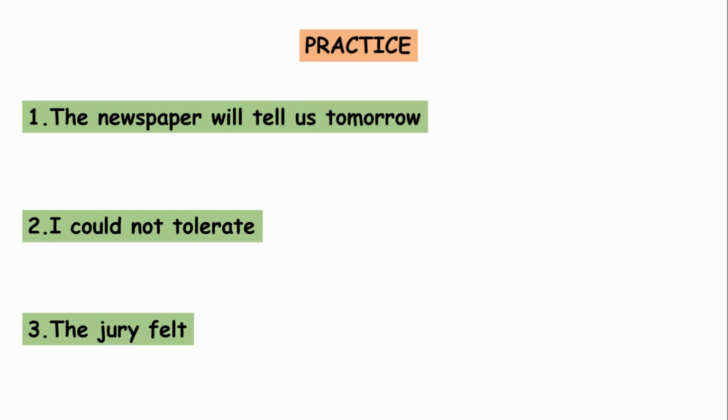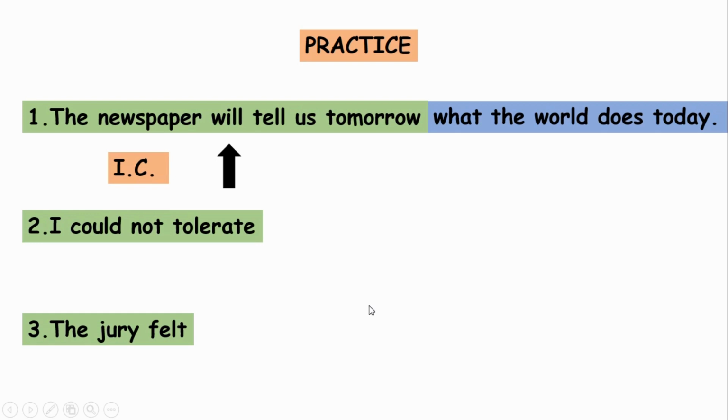I is the subject, couldn't tolerate is the finite verb here. The jury felt, the jury is the subject and felt is the finite verb. What did it feel? That forms the next part of the sentence. Let us see. So here, this is the independent clause. What the world does today. Now read it together. The newspaper will tell us tomorrow what the world does today. So the newspaper will tell us tomorrow something.